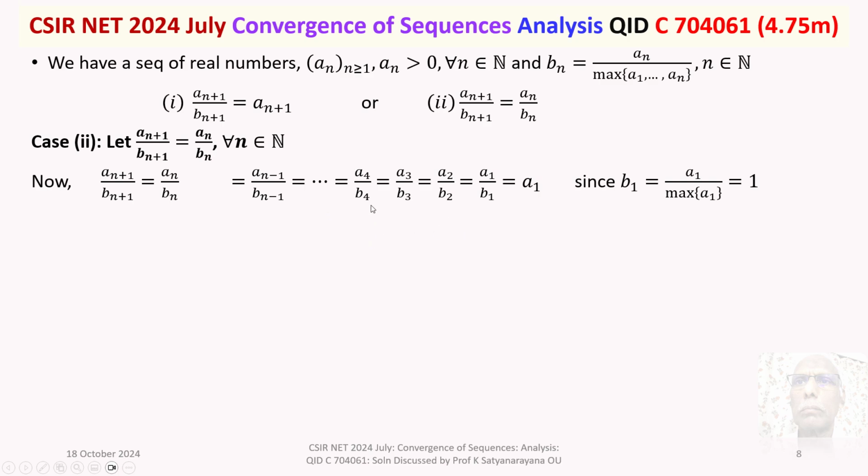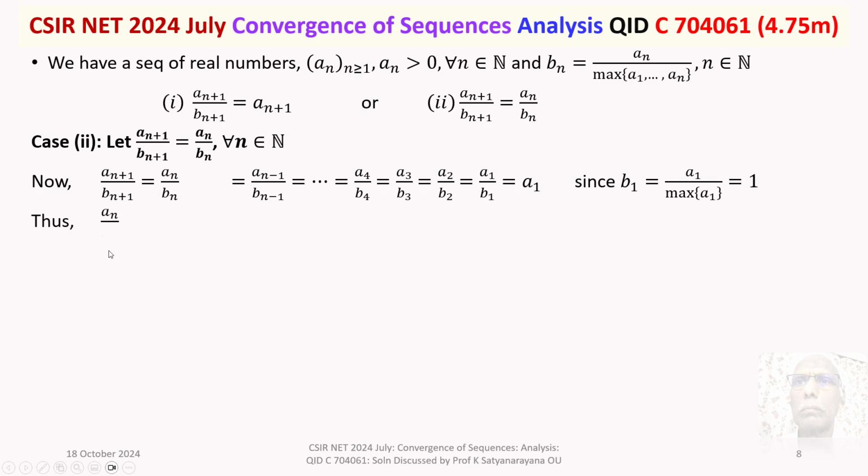a4 by b4 is equal to a3 by b3. a3 by b3 is equal to a2 by b2. a2 by b2 is equal to a1 by b1. But what is b1? b1 is a1 by the maximum of a1, that is a1 by a1, which is 1. So b1 is 1, so each ratio is a1.